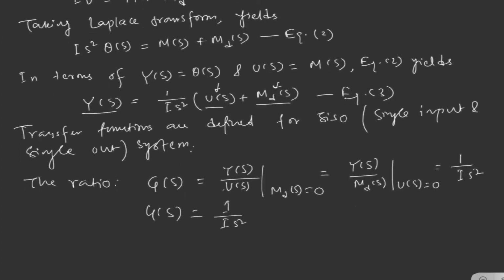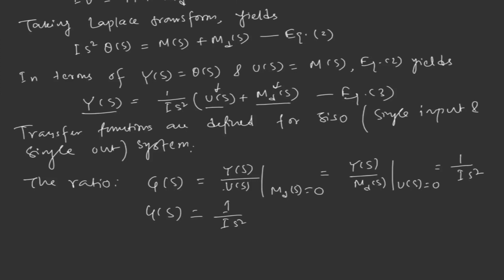Since there are two inputs, we actually have two plant transfer functions, but they are the same. One from the control input to the output, and the other from the disturbance to the output.